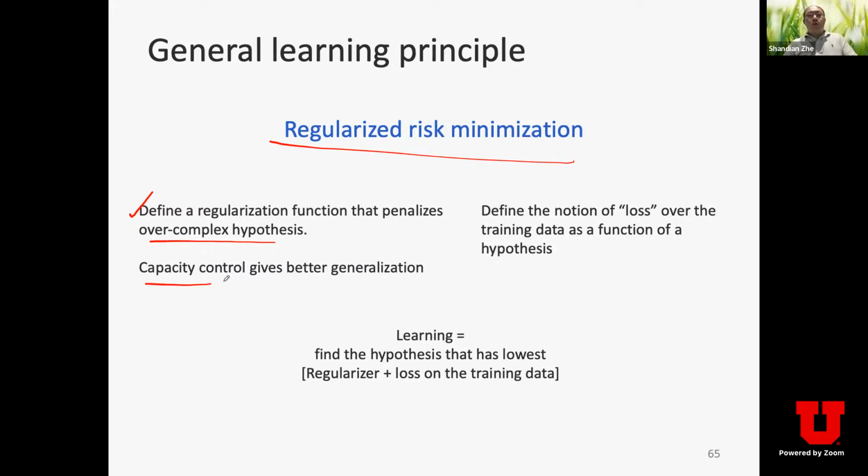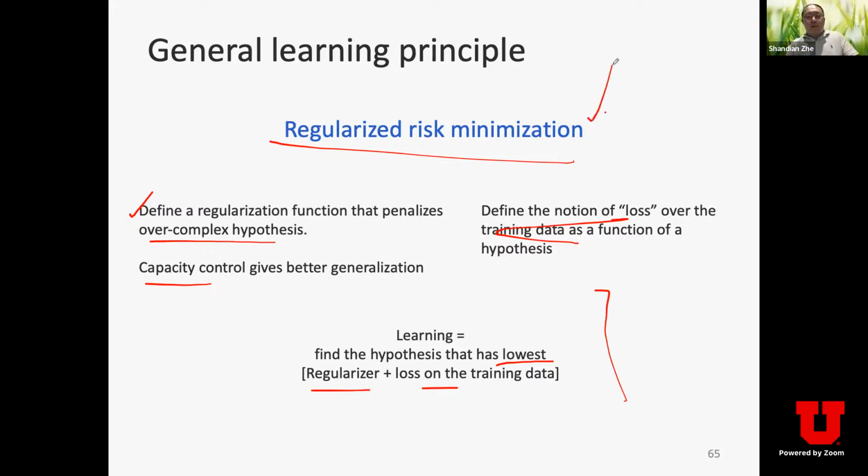This is a capacity control. And we also define a notion of loss over the training data to evaluate how good your hypothesis performs on the training data. Then the learning is to find a hypothesis that has the lowest regularizer plus training loss. If you follow this procedure, it's called regularized risk minimization.